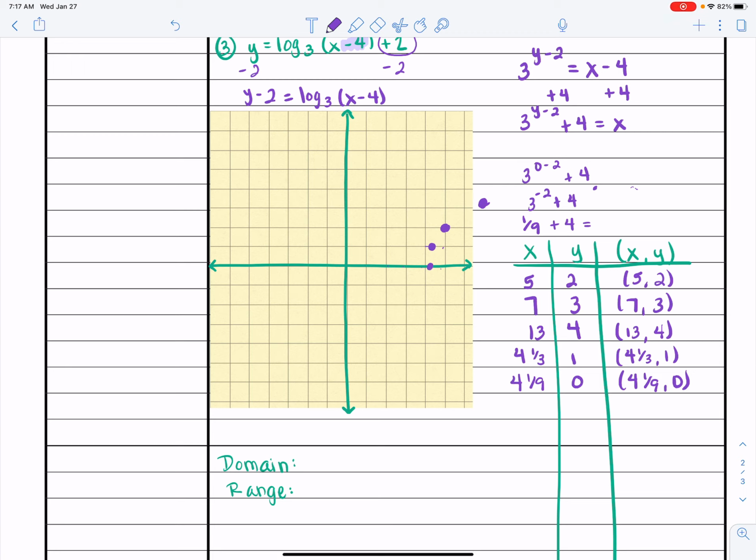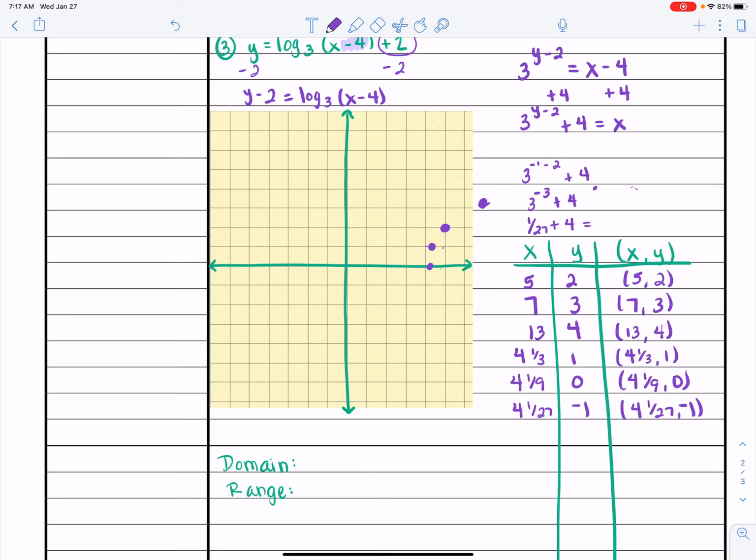Okay. If we used -1, now I've got 3 to the -3. That's 1/27th. So 4 and 1/27th is still just closer to 4. So I'm going just barely past 4.